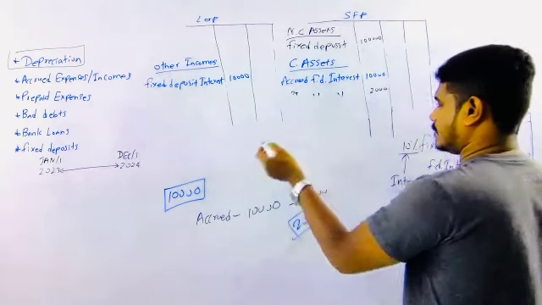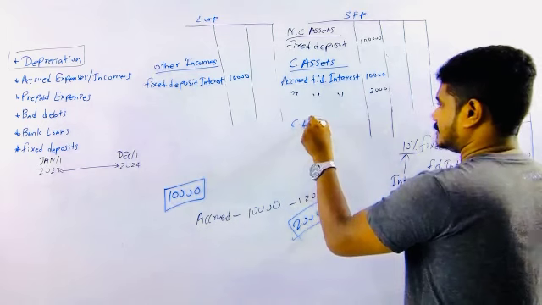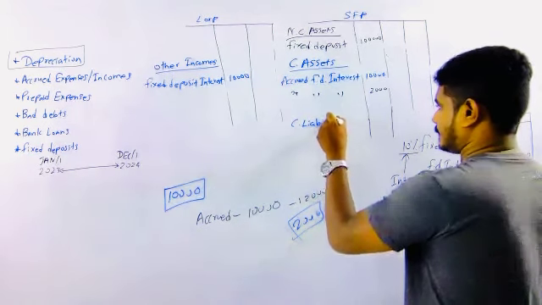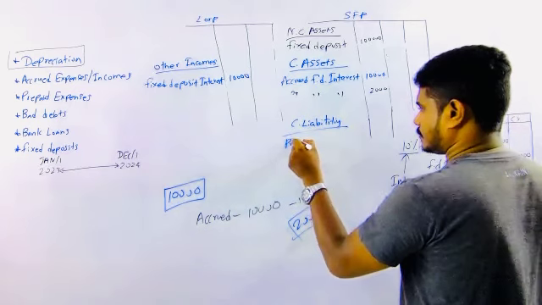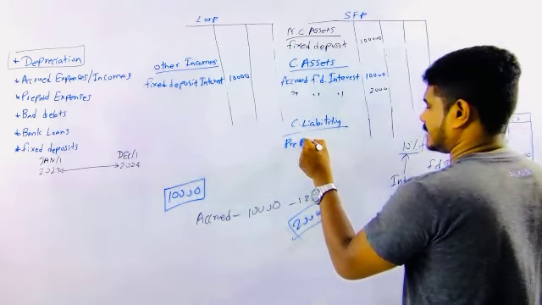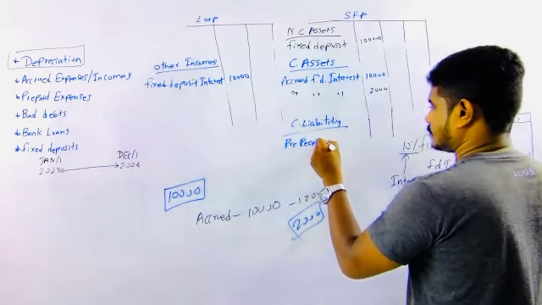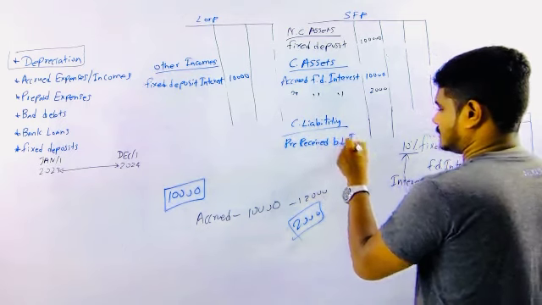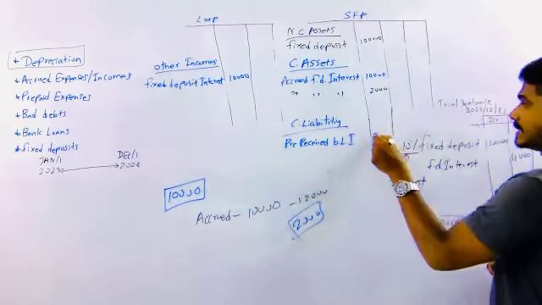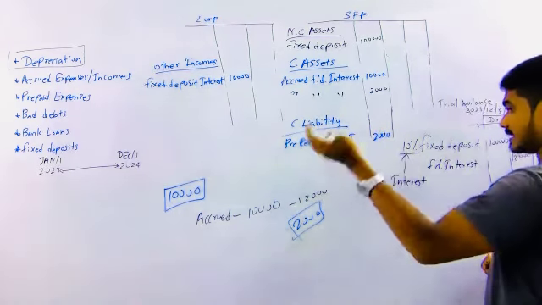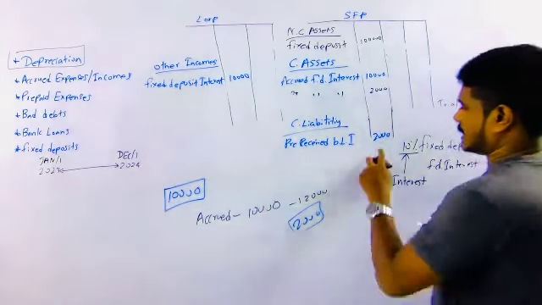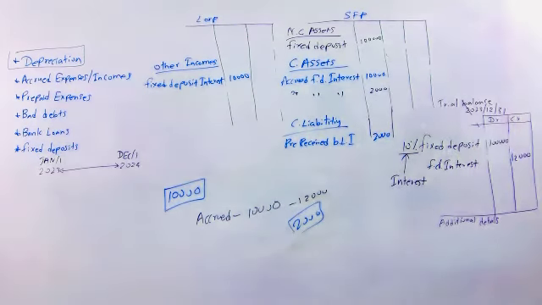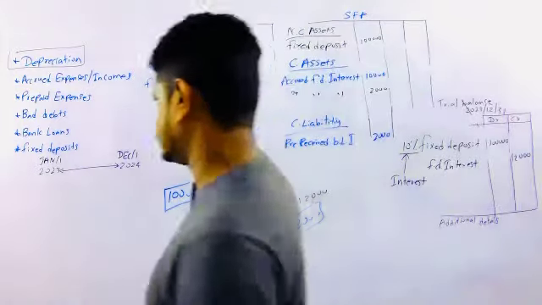Then we have to put this under current liability. Prepaid, pre-received here. Then we have to say pre-received fixed deposit interest as this 2,000. Pre-received here, prepaid, now pre-received, right? Like this. Understood these adjustments?